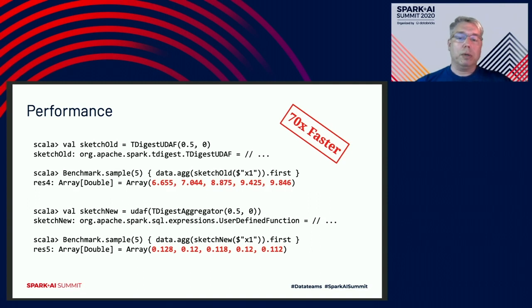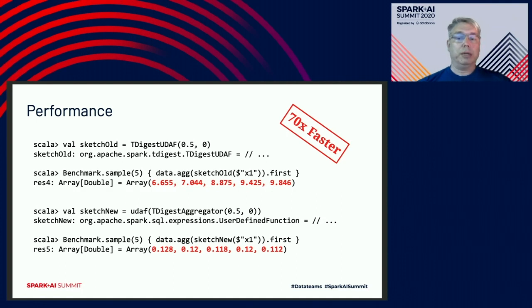And here's a good place to mention that one of the reasons this is such a large difference with T-digest is, as I mentioned before, T-digest is a somewhat expensive data structure to do serialization with. If you are operating with aggregators that you've written that have cheaper serialization, you may see less than 70 times speed up.